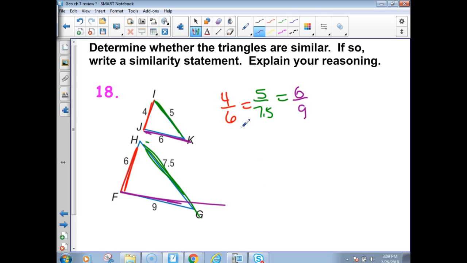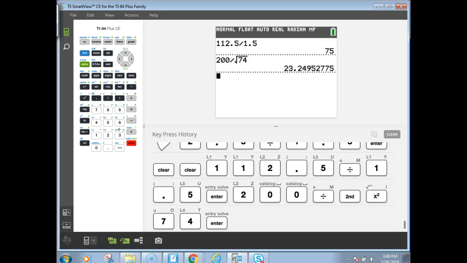Now, easy to reduce the 4/6 to 2/3. And it's easy to reduce the 6/9 down to 2/3. And then you got to say, well, what's happening with that 5 and 7.5? So you go to your calc and you hit 5 divided by 7.5.